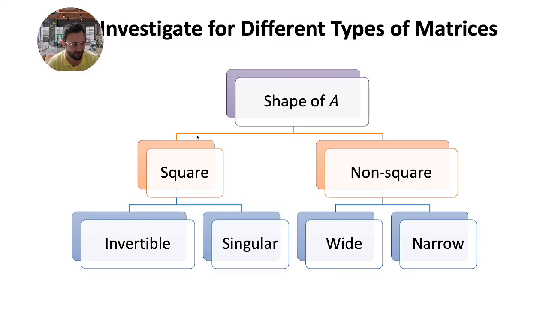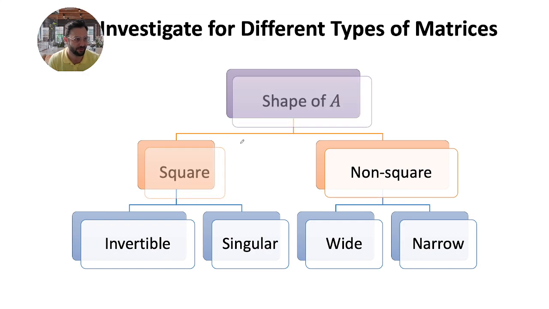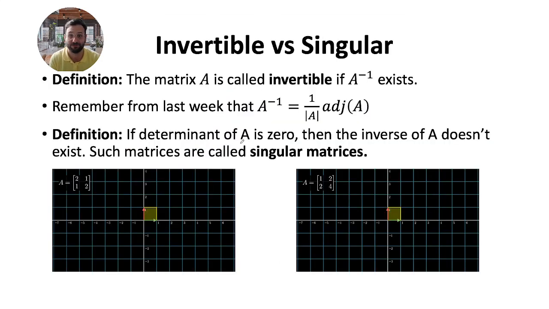So to start from the shape, we'll start with square matrices, which are simpler, and non-square matrices. First of all, from the square matrices, we have invertible versus singular matrices.